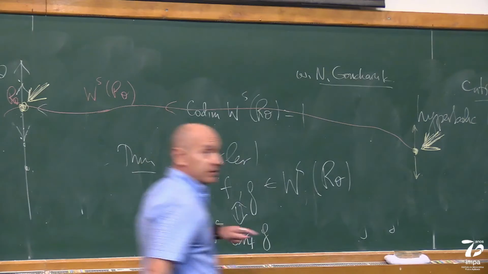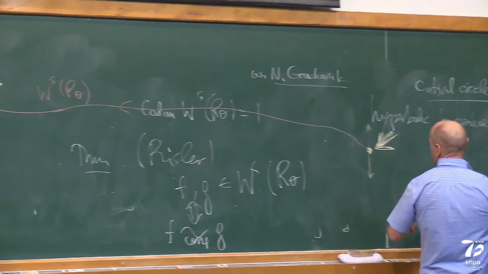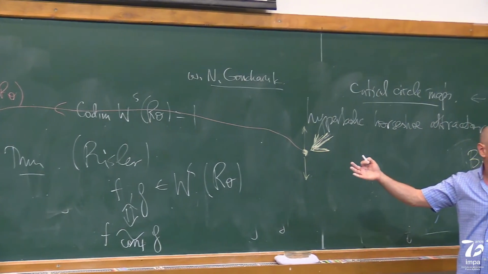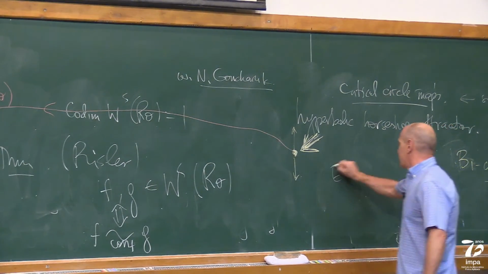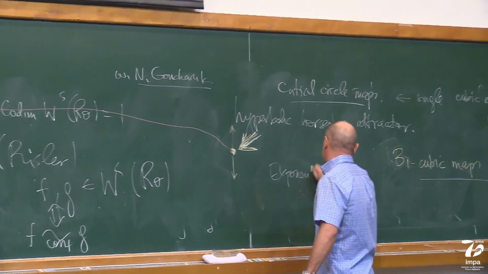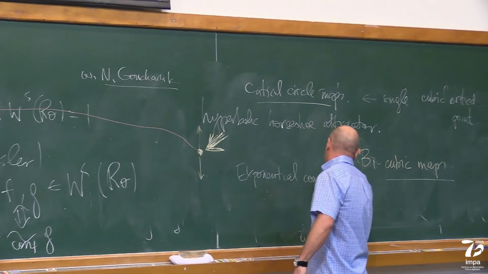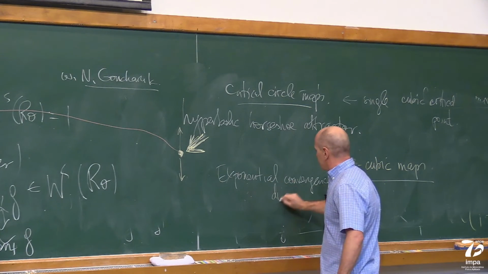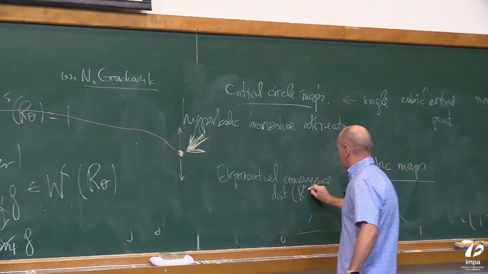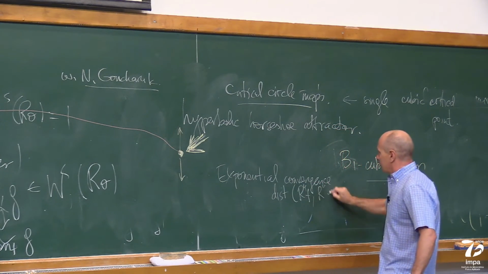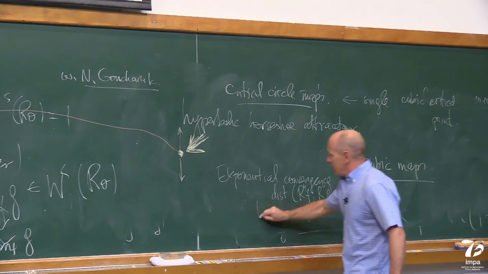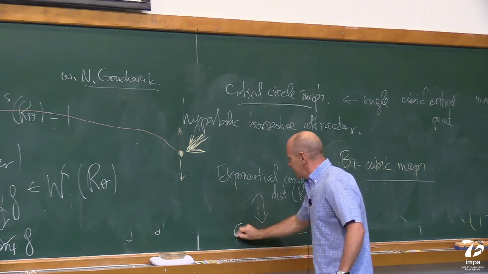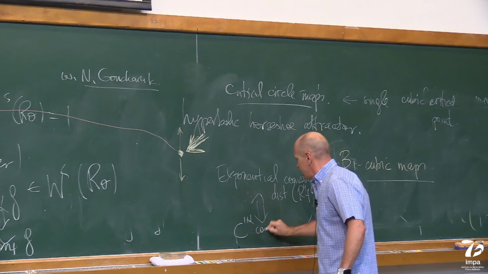For maps with critical points, convergence of renormalization, exponential convergence of renormalization here in this world, is equivalent to C1 plus alpha conjugacy.